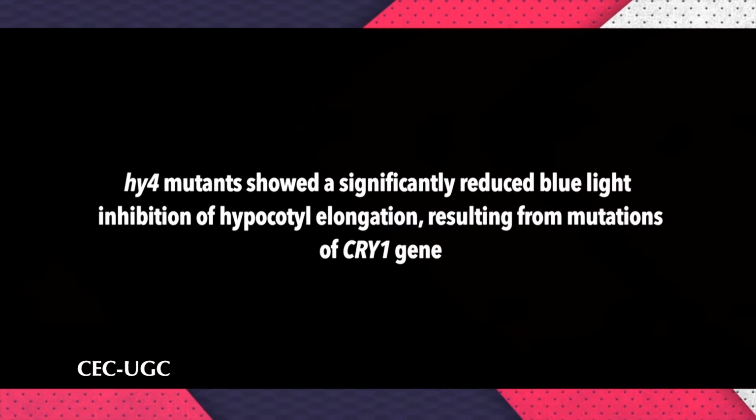When grown in blue light, HY4 mutants showed a significantly reduced blue light inhibition of hypocotyl elongation, resulting from mutations of the CRY1 gene. Transgenic tobacco or Arabidopsis seedlings overexpressing Arabidopsis CRY1 had hypocotyls shorter than those of the wild type when grown in blue light.